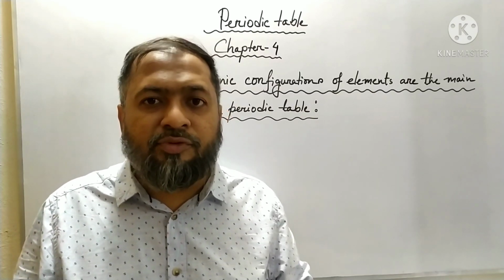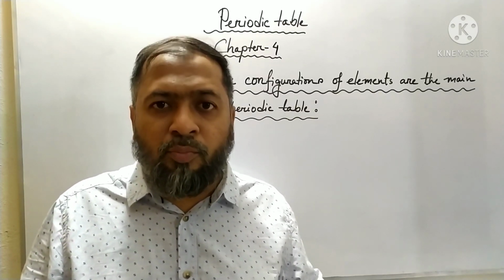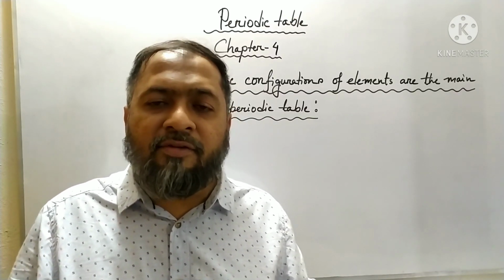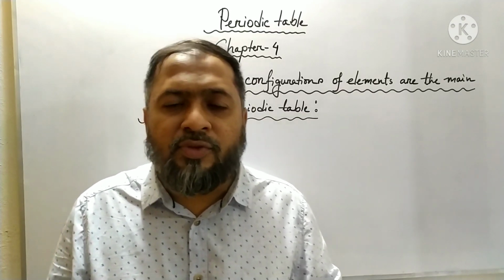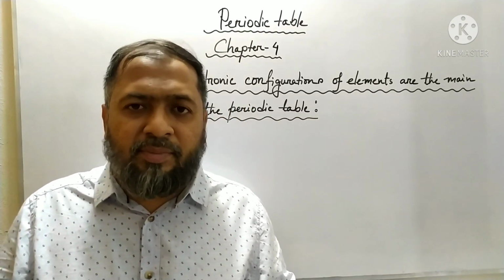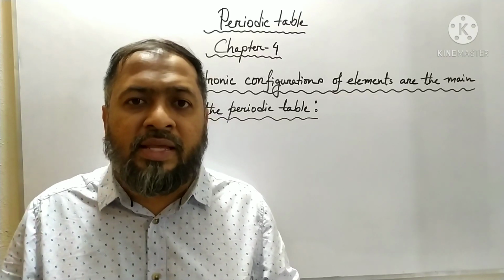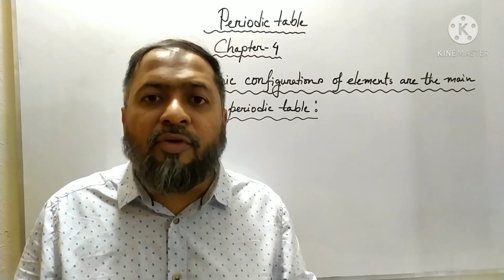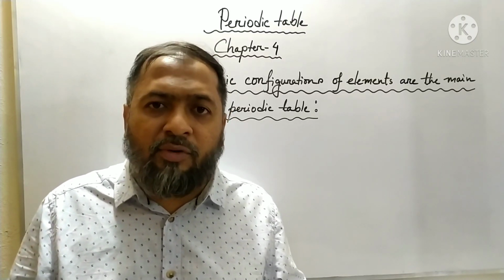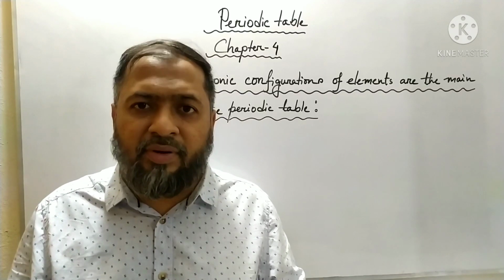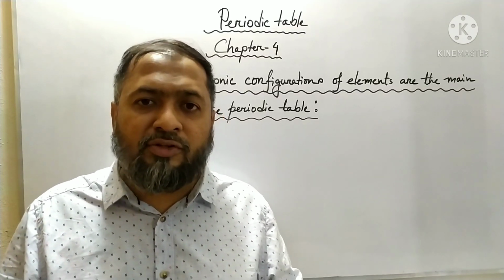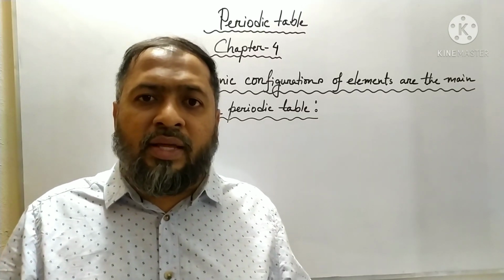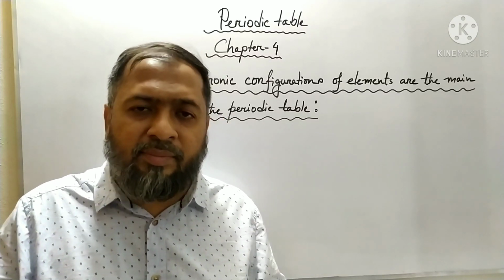The main objective of creating the periodic table is to put the elements with similar physical and chemical properties in the same group. So here, I'm going to discuss how electronic configuration is the main basis of the periodic table. We know that from the electronic configuration, we can find out the position of an element in the periodic table. And electronic configuration also provides overall knowledge of the chemical properties of any element.